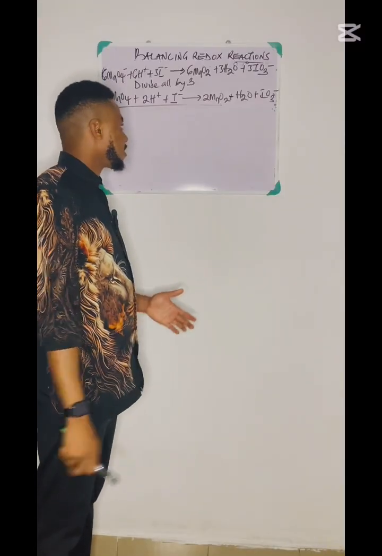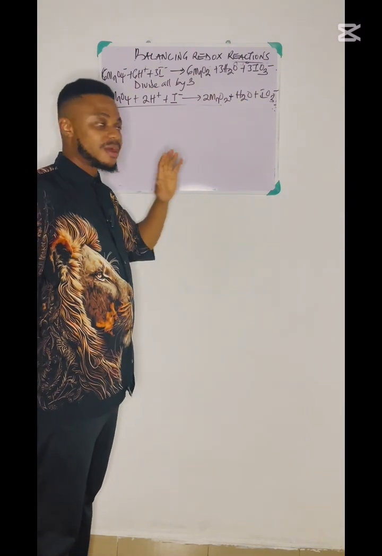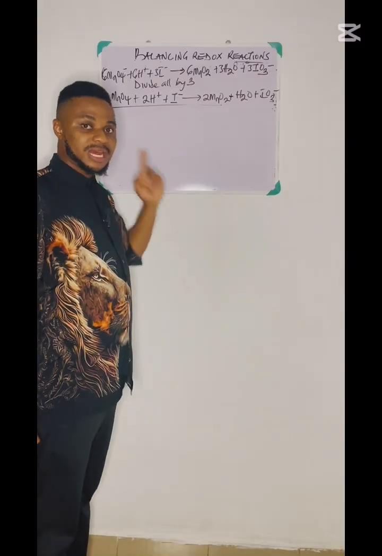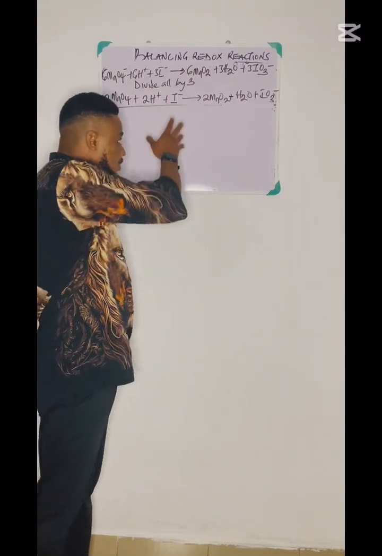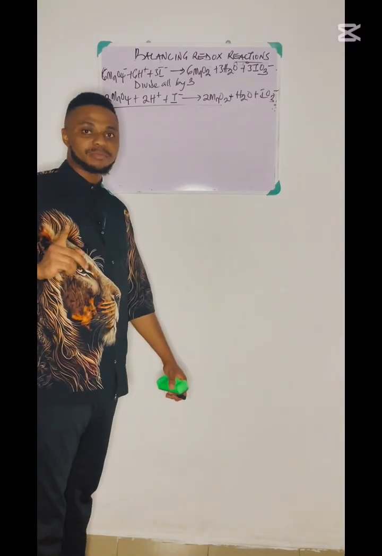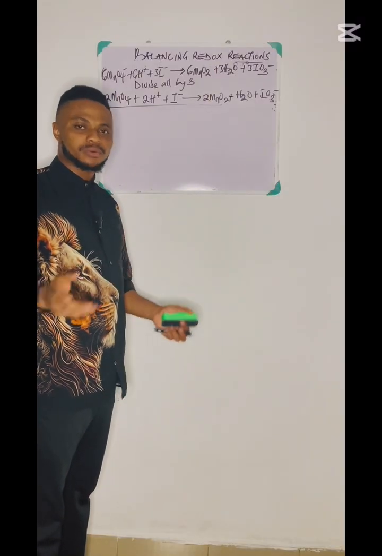Now look at these. This is what we were able to achieve after balancing this particular reaction in an acidic medium. How then can we change this to a basic medium? How do we now represent this in a basic medium without going through all the long processes?